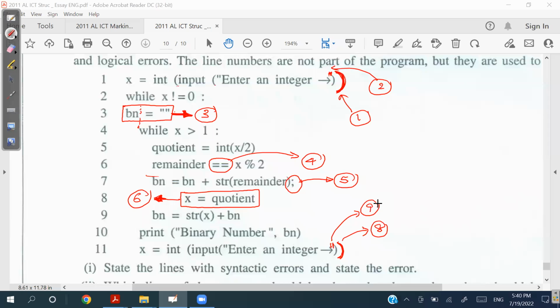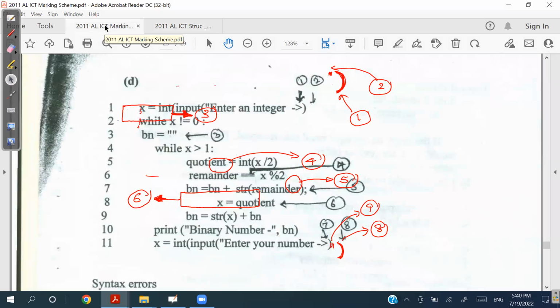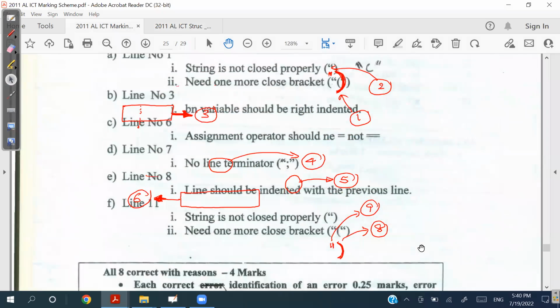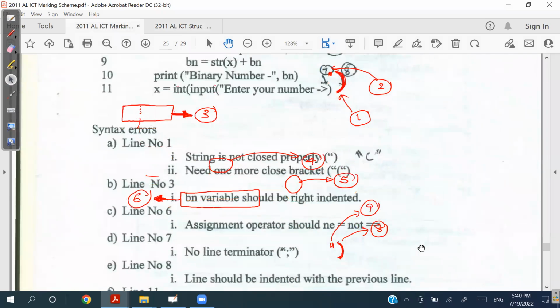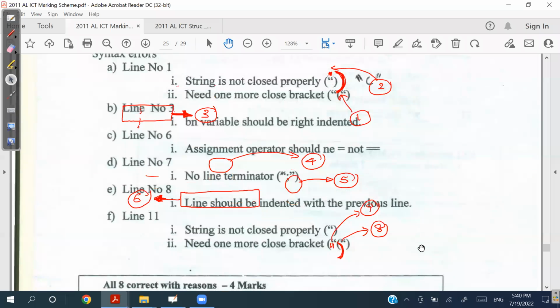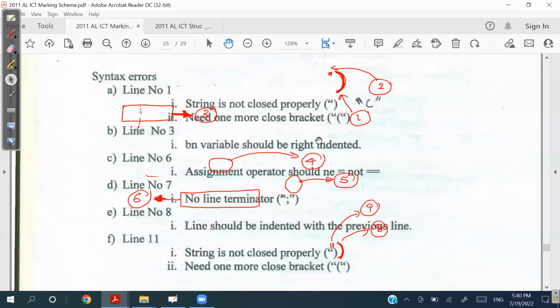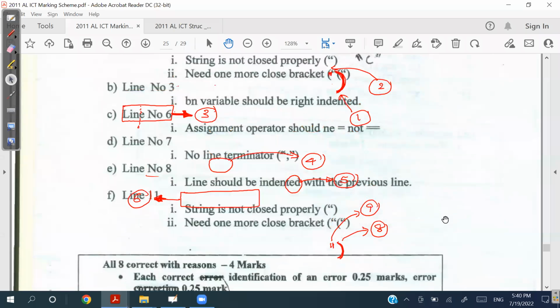Yeah, it seems to be like that. We'll check whether there are any more errors once we move to the marking scheme. So as a number, it's 1, 2, 3, 4, 5, 6, 7, and 8. We didn't have 9 either.